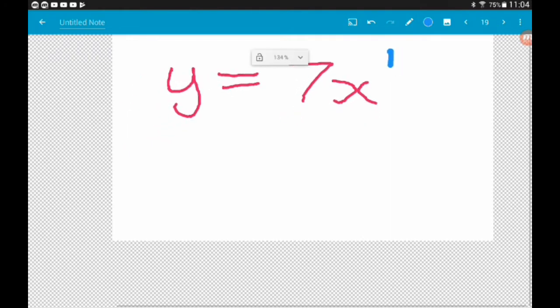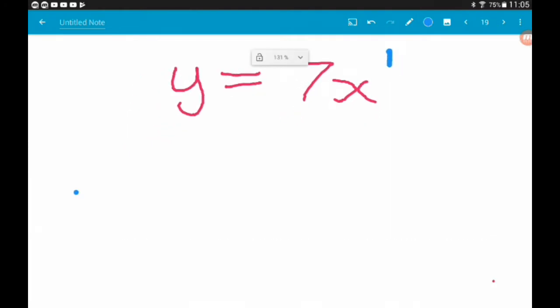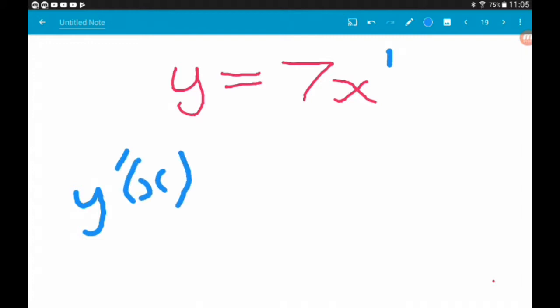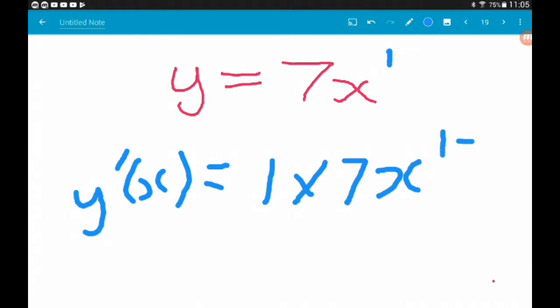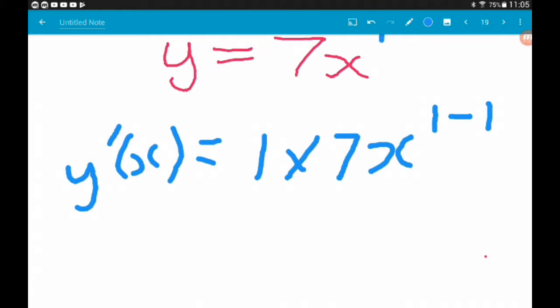So y dash of x, our derivative, is going to be 1 times 7x to the power 1 minus 1. So 1 times 7 is 7. So we got 7x to the power of 0.